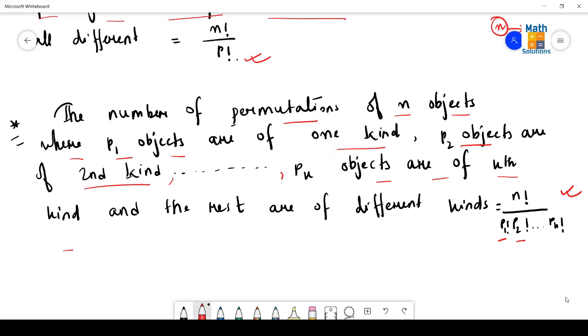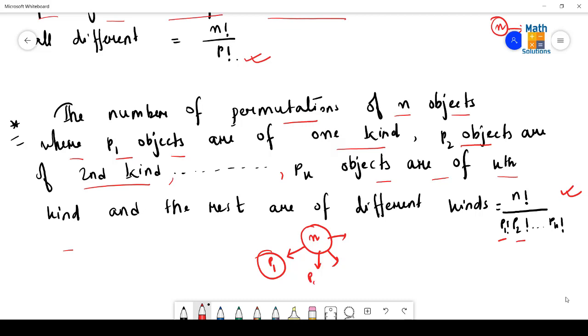So actually what this theorem says, say total of n number of objects we are having, and among these n number of objects, say we are finding kinds of objects. Suppose this is the first kind where there are p1 number of objects and they belong to the same category.